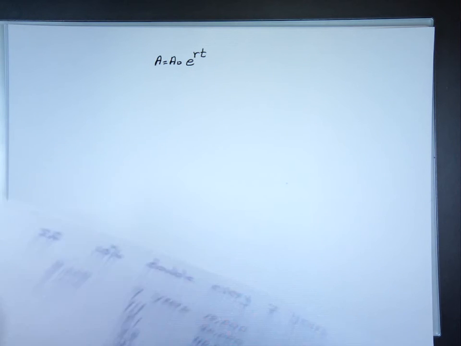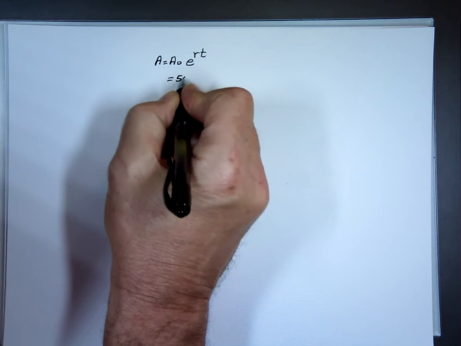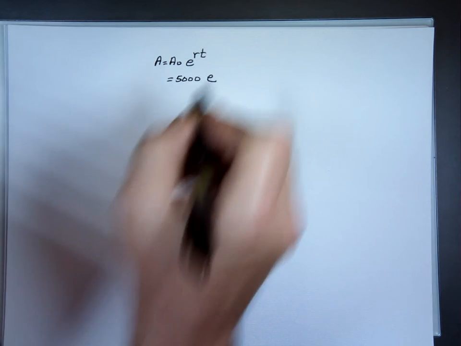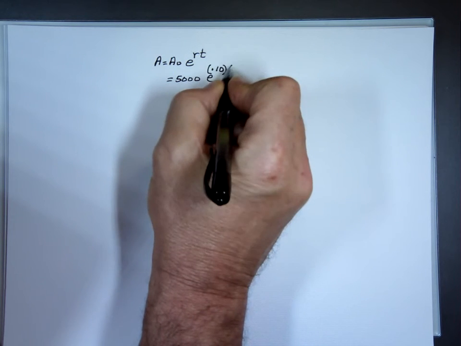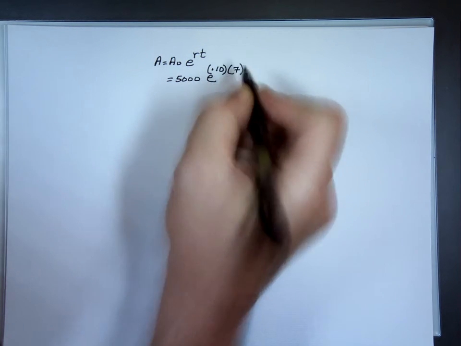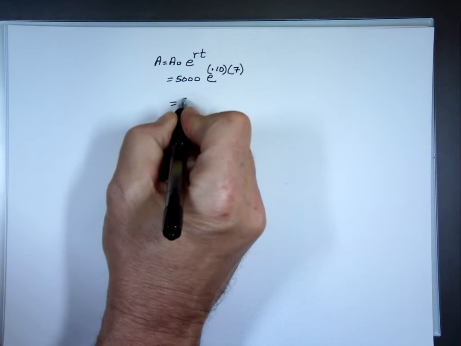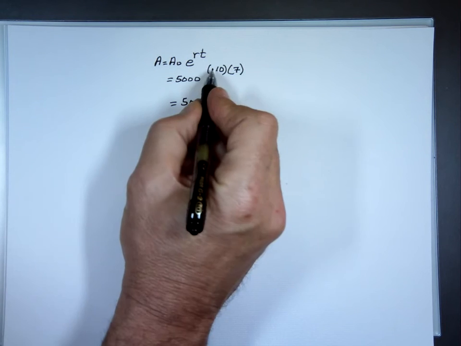Well, let's see that. If you put 5,000 here, e to the power, what was the interest rate we were using? 10%. What was the time? We said 7 years. Does that give me 10,000? Let's see. That's 5,000 e to the power 0.1 times 7, so 0.7.